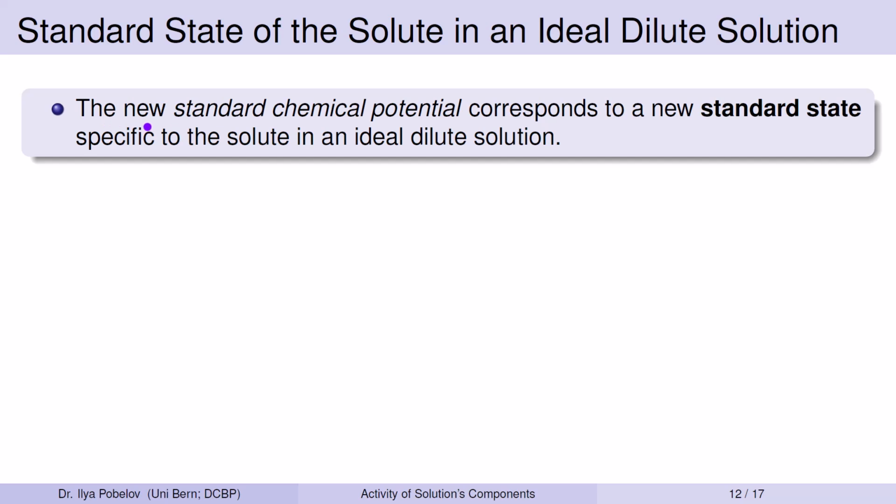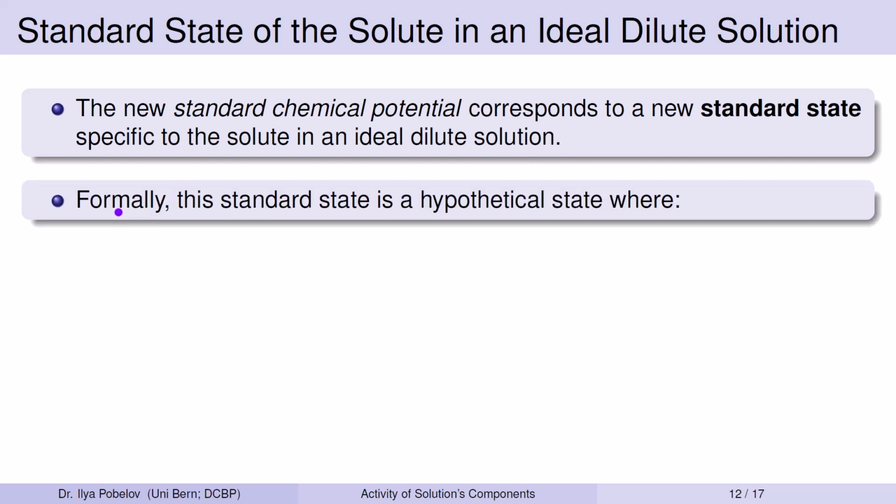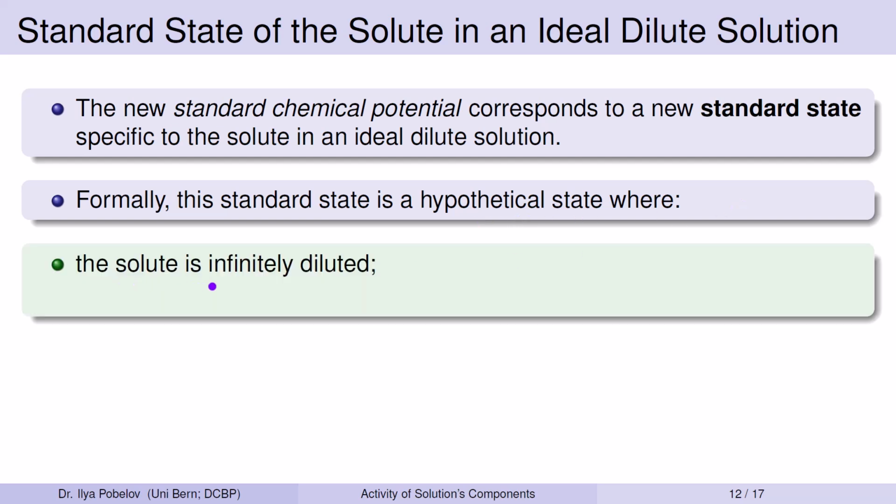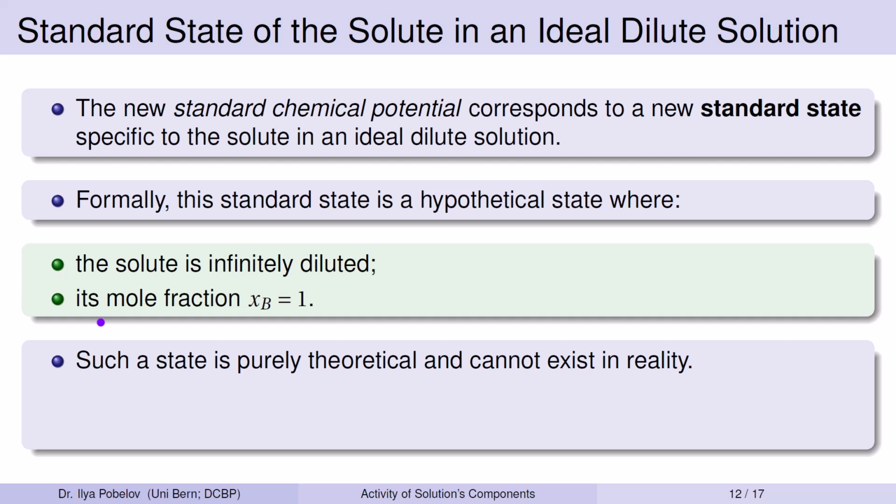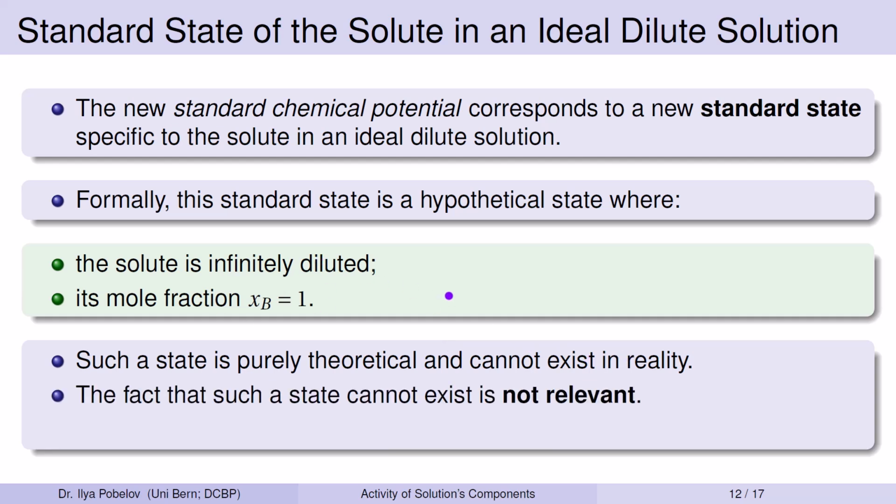This new standard chemical potential corresponds to a new standard state specific to the solute in an ideal dilute solution. Formally, this standard state is a hypothetical state where the solute is infinitely diluted and its mole fraction equals 1. Of course, such a state is purely theoretical and cannot exist in reality.